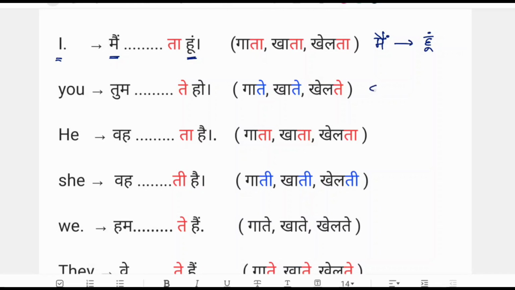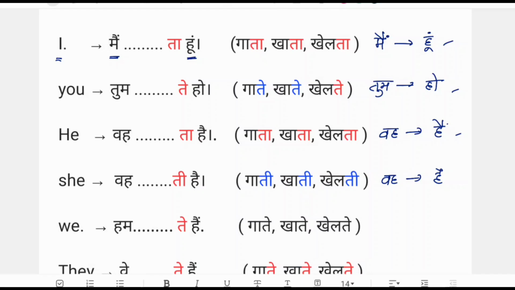For you, that means for तुम, we use हो. And for वह, we use है. Similarly, for the girls also we use है. So these are हूँ, हो or है. These are the words to show the sentence is in present tense.